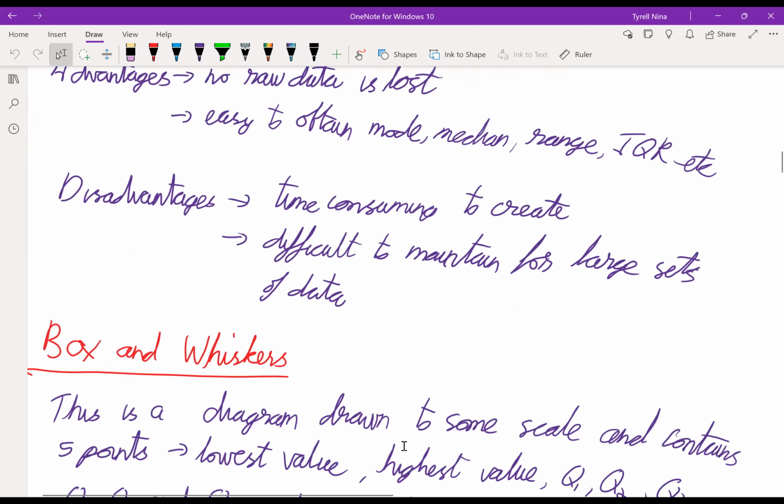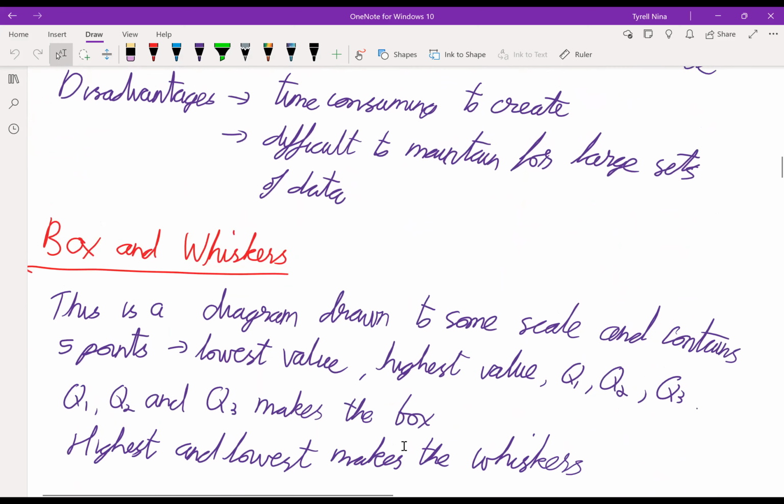All right, box and whiskers. This is a diagram drawn to some scale and contains 5 points. The lowest value, highest value, Q1, Q2, Q3. Q1, Q2, Q3 make the box. Highest and lowest make the whiskers, right? So, put that down. Now, after all this, we'll do one big stats question, and we'll call it a class, right?